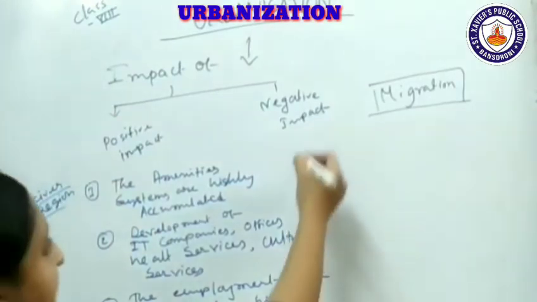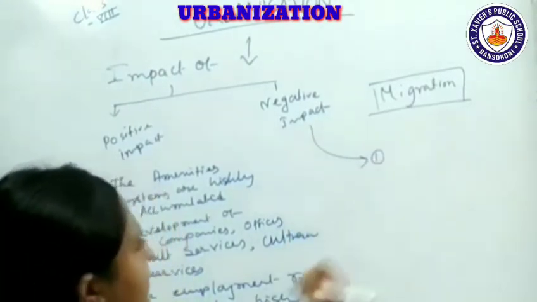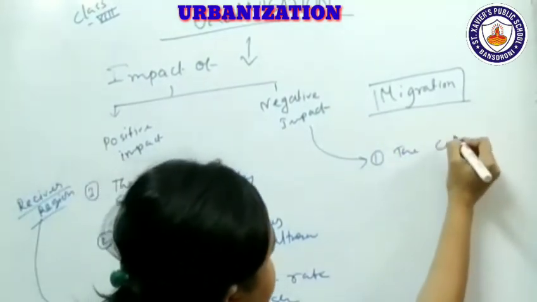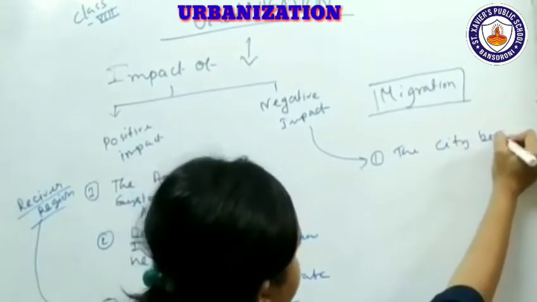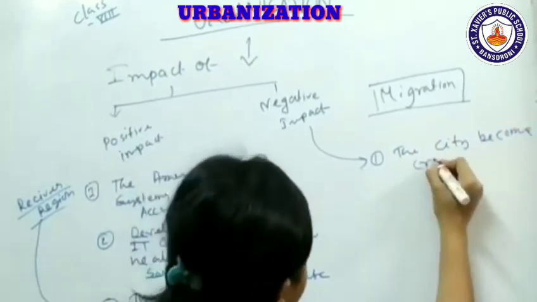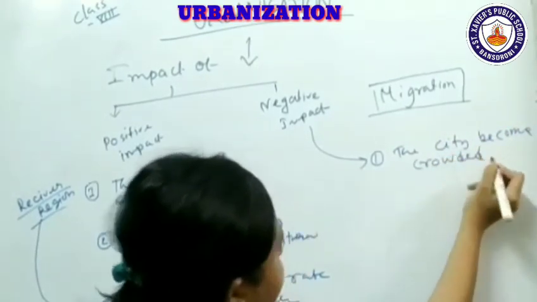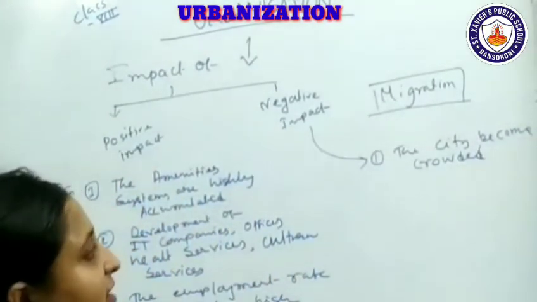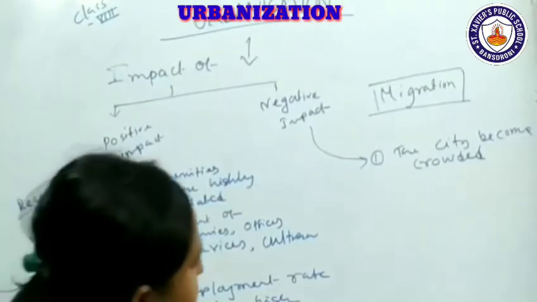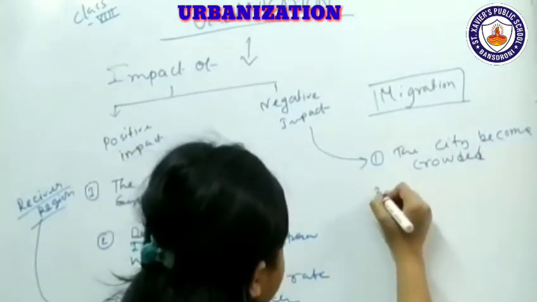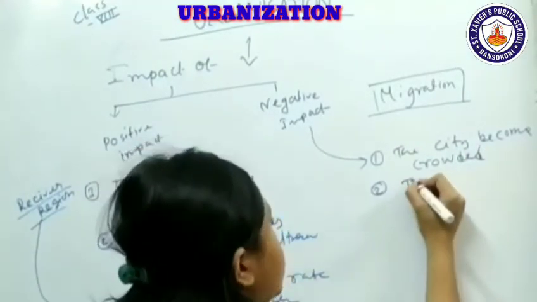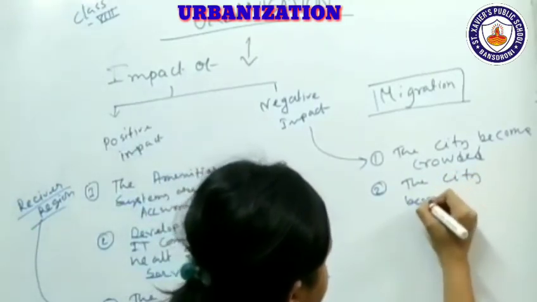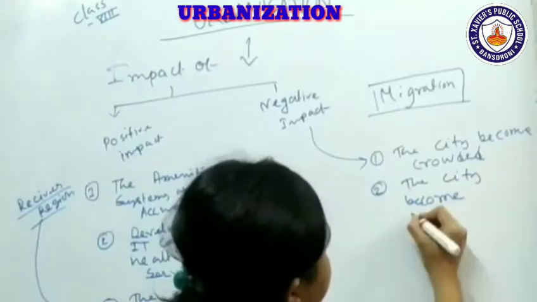And what about the negative urbanization impact? The first one, the city becomes crowded. Right? The city becomes crowded because of the accumulation of a high population. Number two, the city becomes congested.